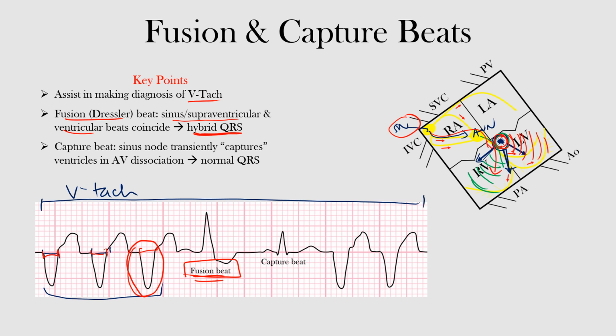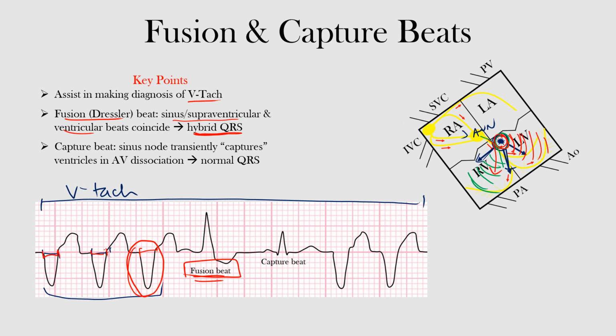Well, it's because the normal complex is occurring in the middle of VTach. It is caused by chance timing of a sinus beat that occurs at just the right time to capture and transmit down the heart's normal conduction system through the AV node and to depolarize the ventricles. In other words, there is a return of atrial control over the ventricular contraction following a period of AV dissociation.